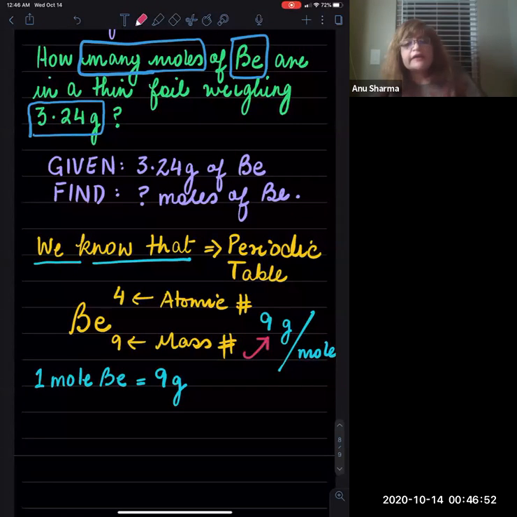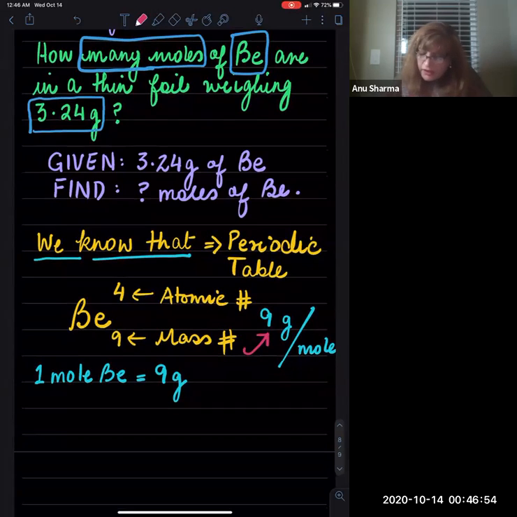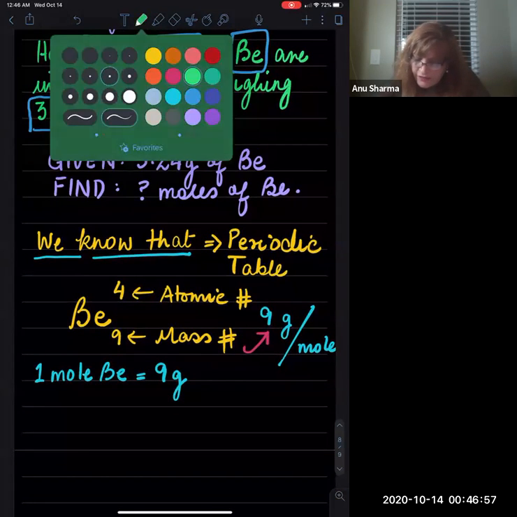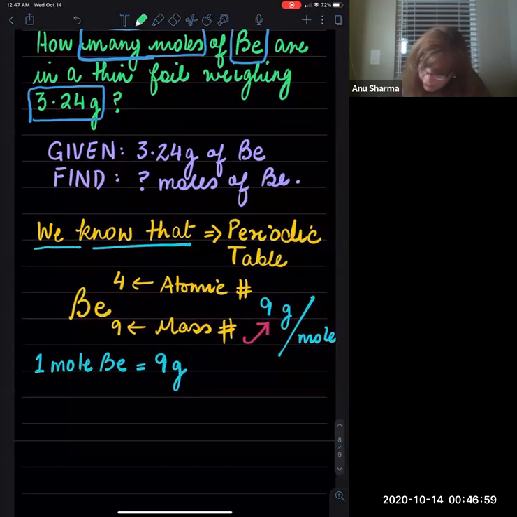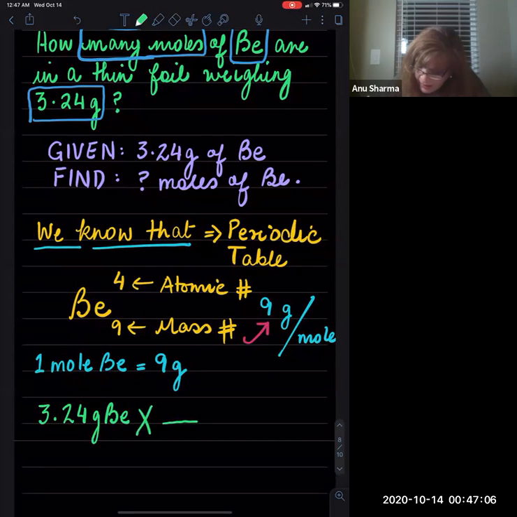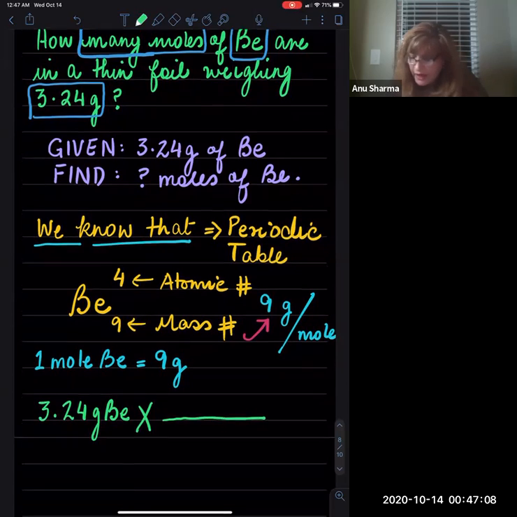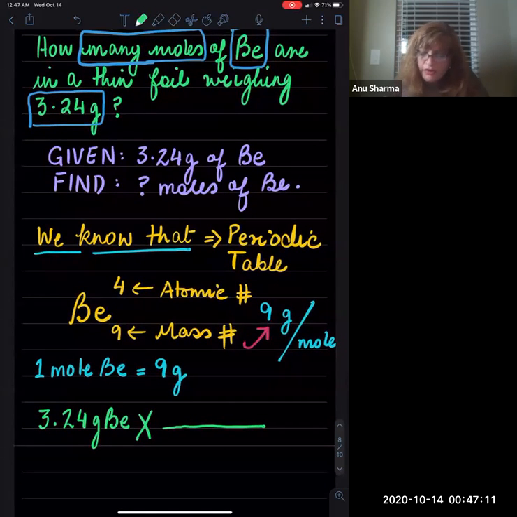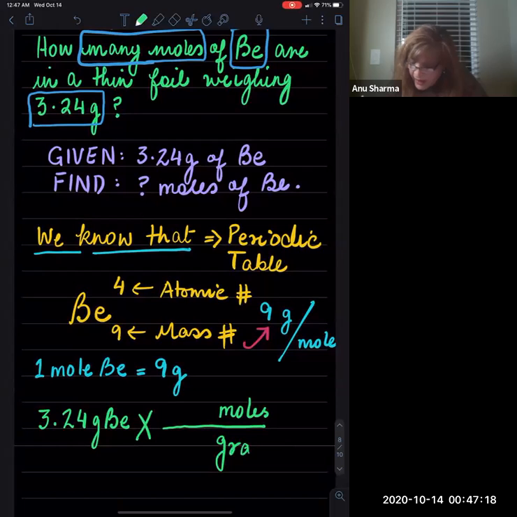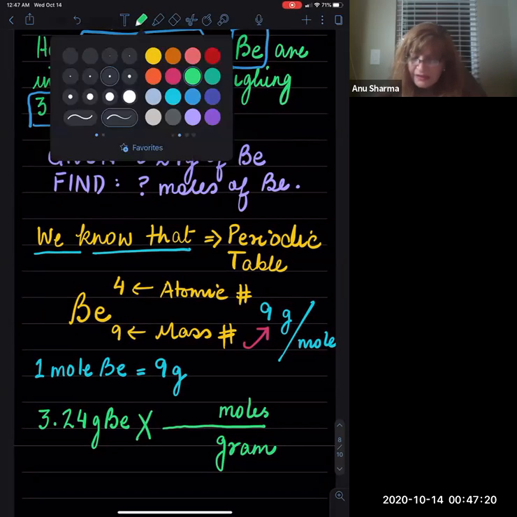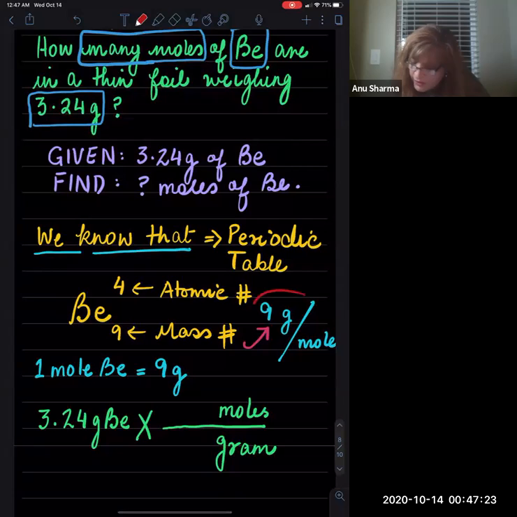Now, you are given 3.24 grams of beryllium. So write down 3.24 grams beryllium, multiply by, and here you find the unit that you want. You want moles, so moles go on the top and grams at the bottom. You use the information from the periodic table as your conversion factor.